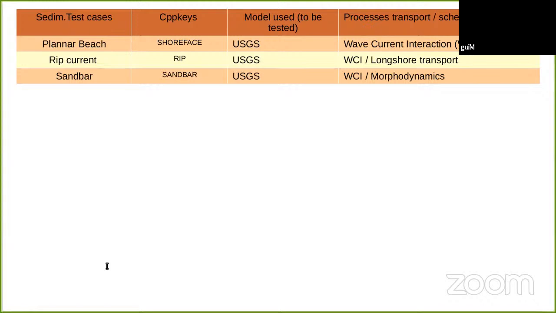So I show you one table with some cases using the USGS code. You have the first ones, planar beach and rip current and sandbar, which are originally there. In the last column, I wrote the process you want to study. So there we have the wave current interaction. For the rip current, as the name says, it's for the study of rip currents with cross-shore and long-shore transport.